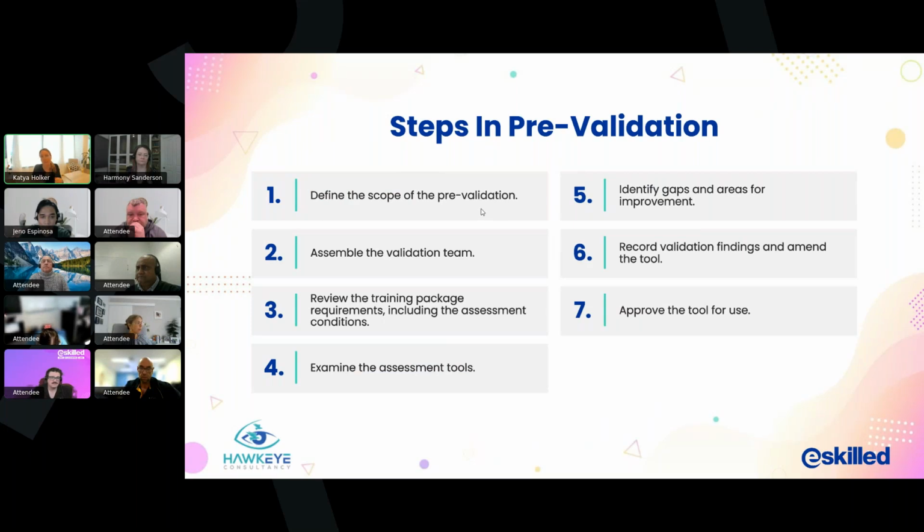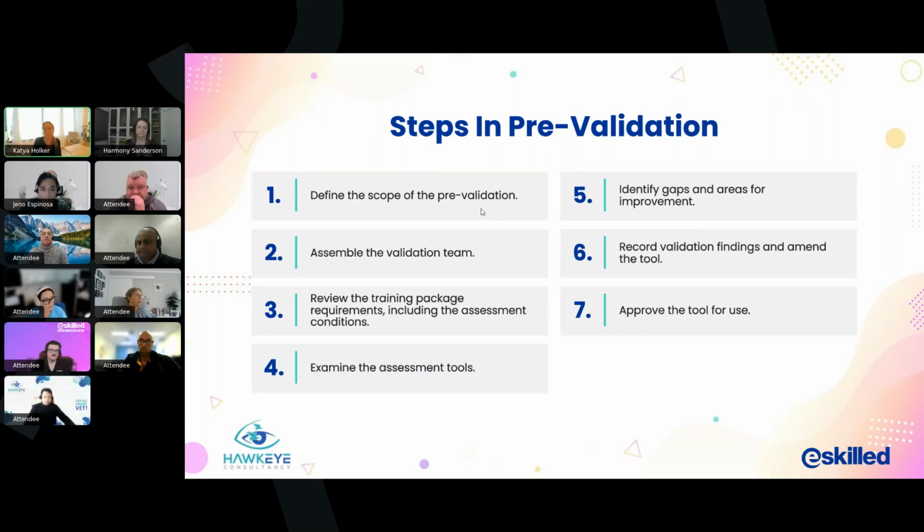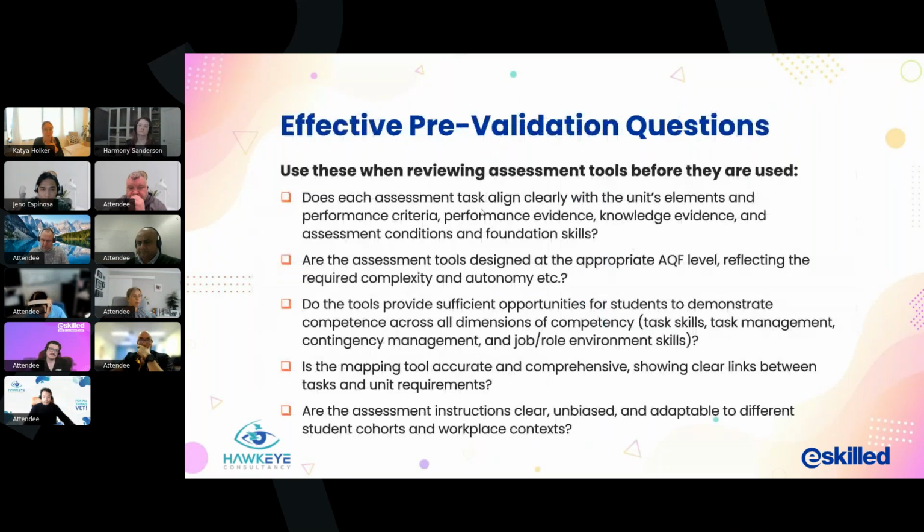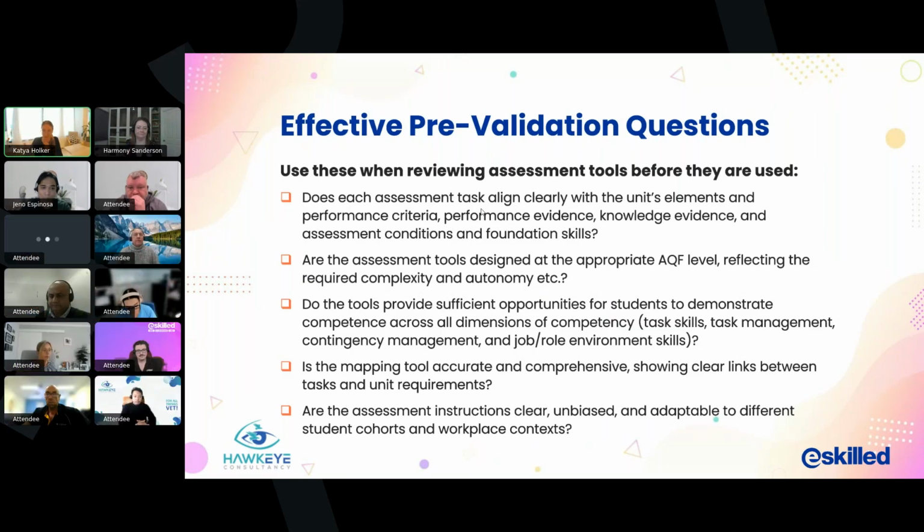And then making sure you follow any internal document control procedures before finally approving the tool for use, and making sure that you circulate that and that all people have access to the current version of the tool, current and improved.